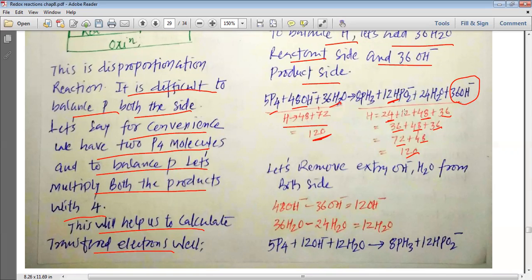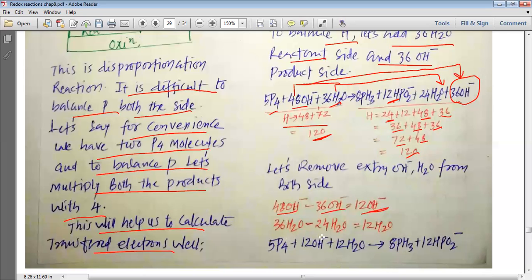Now we can remove the OH minus and H2O which are extra. So on the left hand side we have 48 OH minus, and on the right hand side we have 36 OH minus. So 48 OH minus minus 36 OH minus, we will have only 12 OH minus balance on the left hand side. In case of the H2O, here we have 36 H2O and here we have 24 H2O.